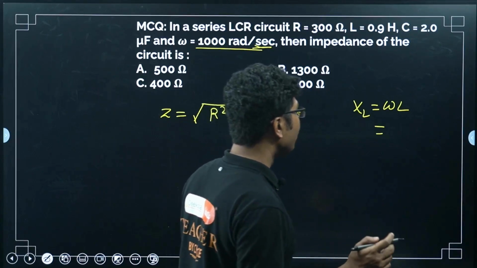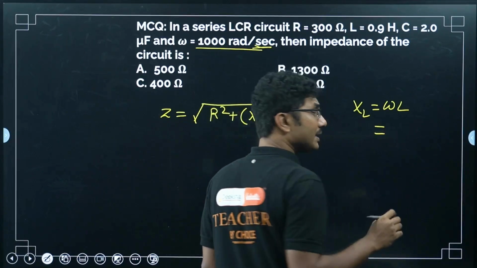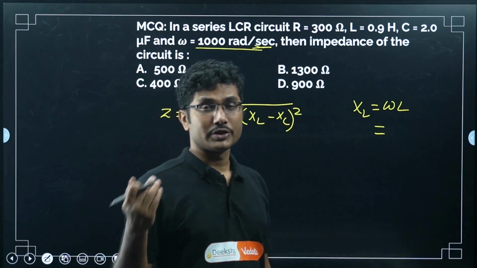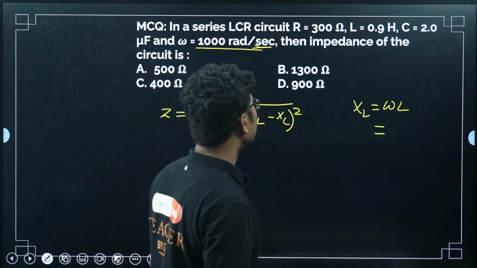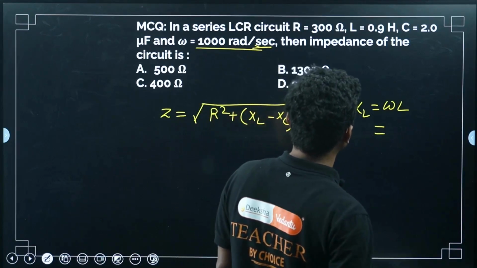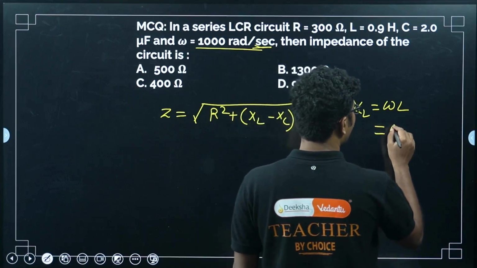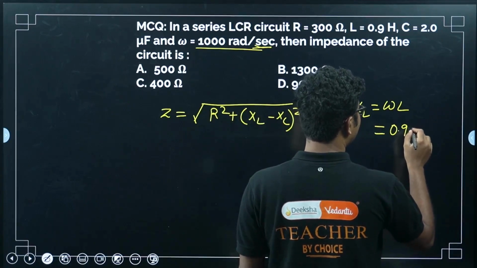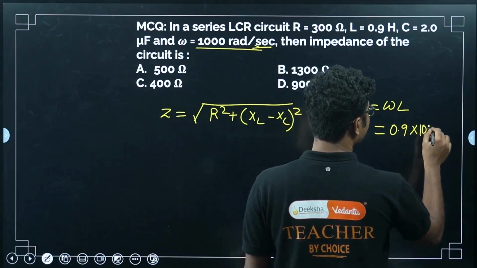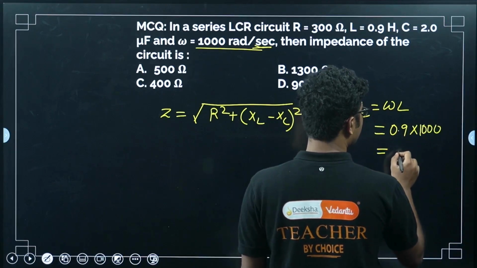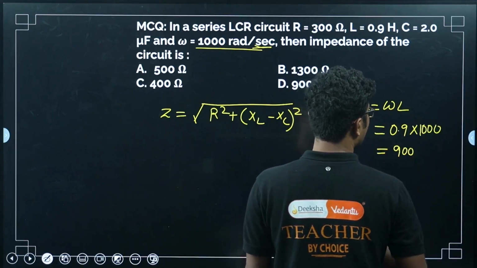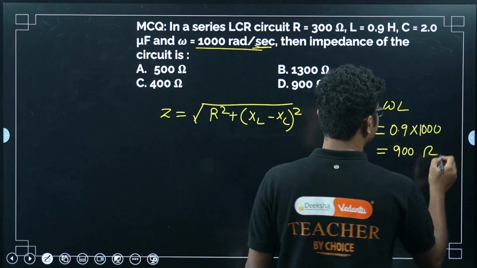I hope you remember how we can do that. Otherwise, while doing rotational motion, circular motion, I will teach you that again. Till that point, because it is given directly in radian per second, I can use that. So XL is 900 ohm.